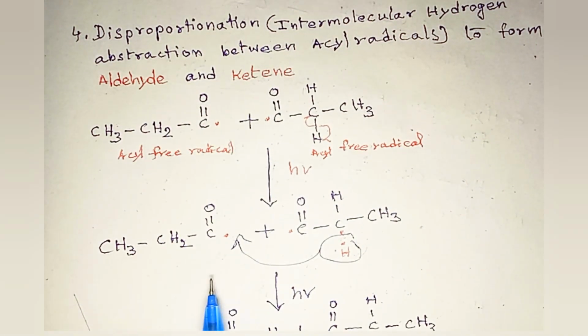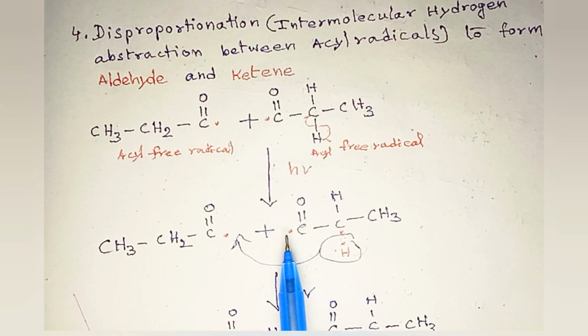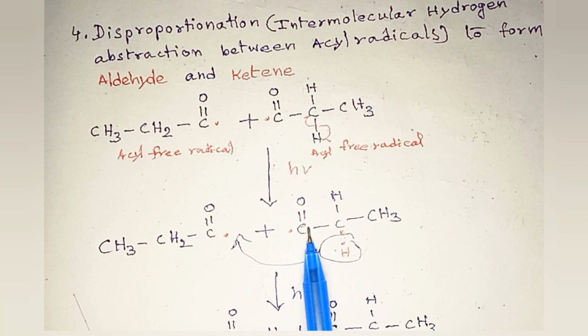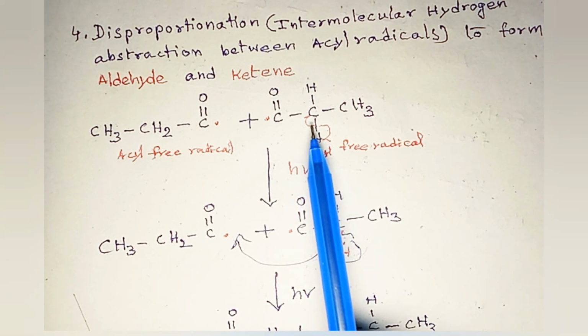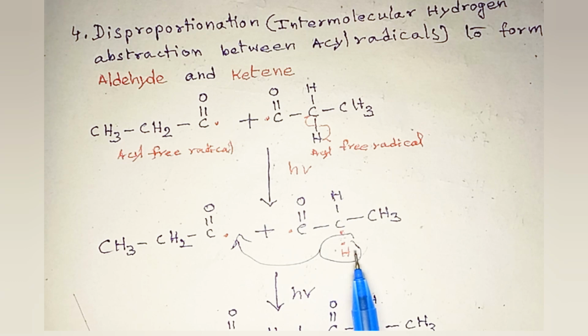So this acyl free radical is written like this: C double bond O, C, H, H and CH3. The bond here cleaves, forming radicals. One radical is with this carbon atom, another radical with this hydrogen.